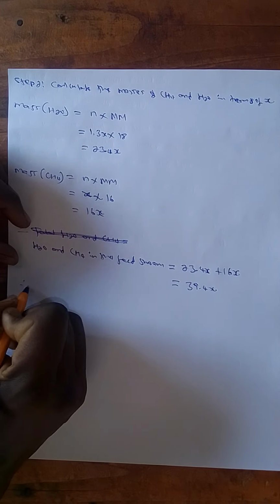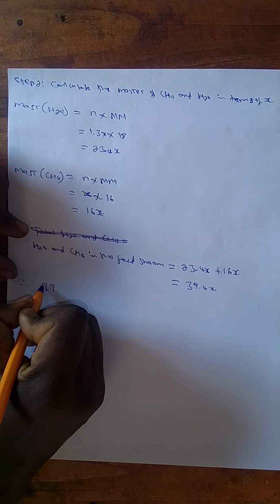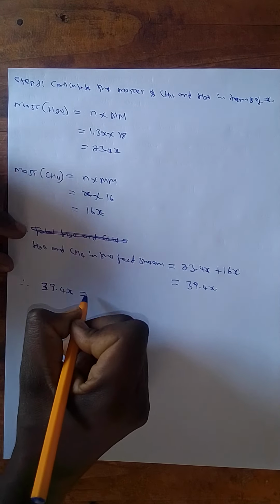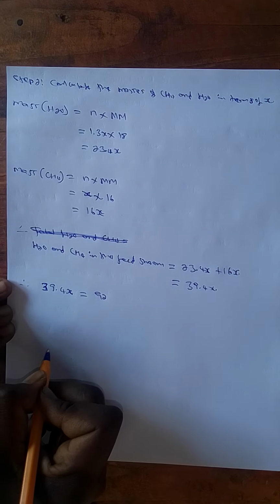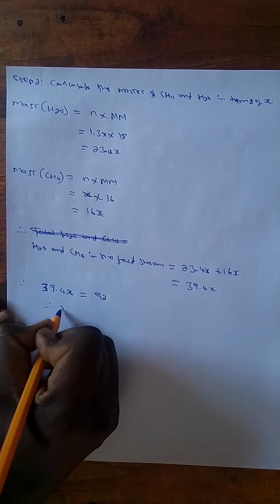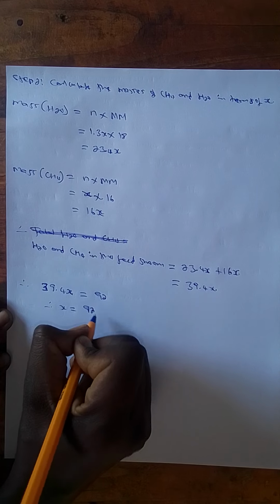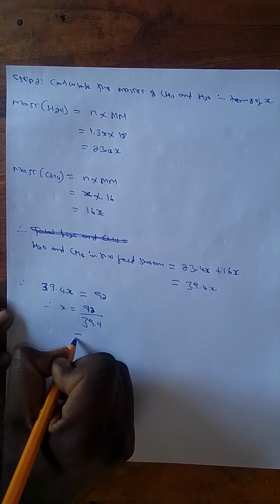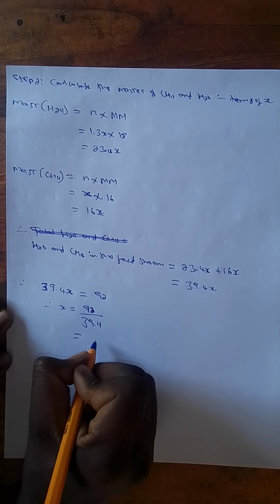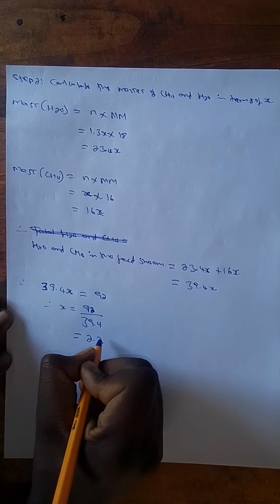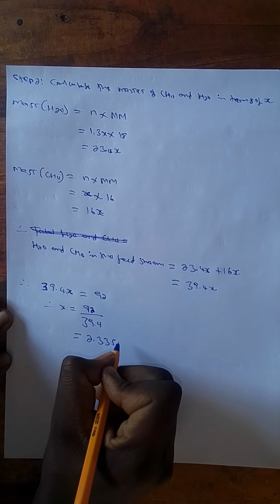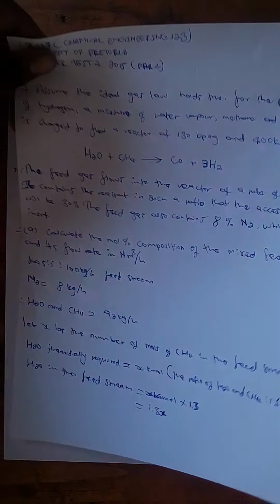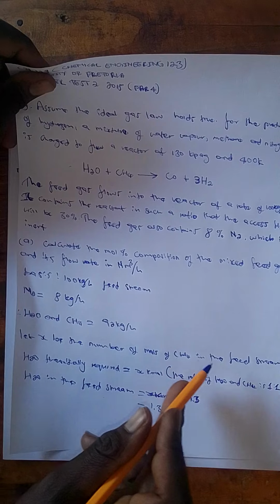So 39.4x is equal to 92, therefore x is equal to 92 over 39.4, and if you use your calculator, x gives you 2.335 kilomole.